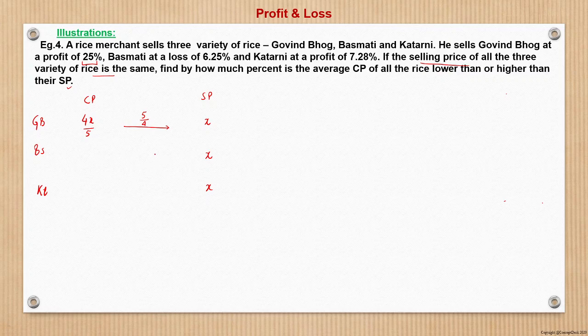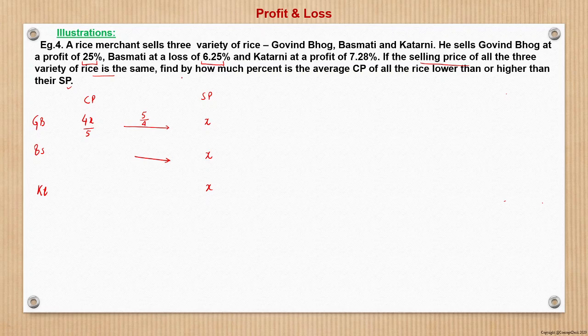Now in the second case, Basmati is experiencing a loss of 6.25%. So 6.25% we know is what? It is 1 by 16. Very important: these fractions we had seen in percentage. Those of you who don't get it, refer to my percentage session where I discussed the percentage-fraction equivalence.